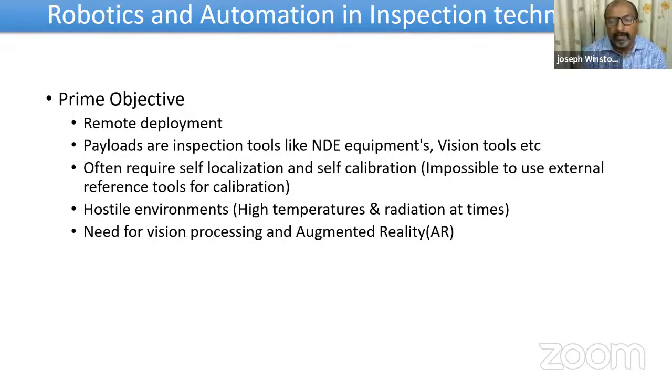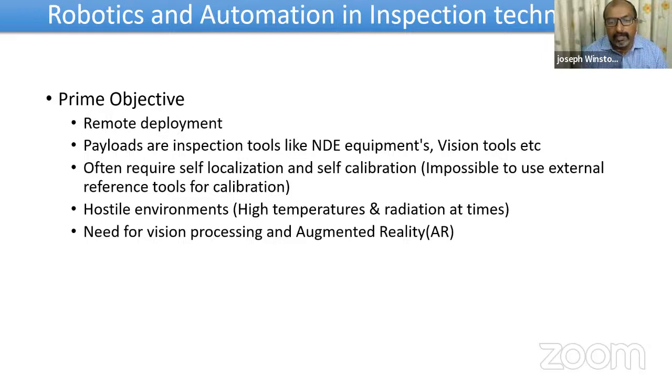But particularly when we go for these reactor technology systems, we need to deploy remotely. And once it goes into the target space, we do not have any external reference tool deployed into the robotic workspace. So the robot has to self-calibrate.